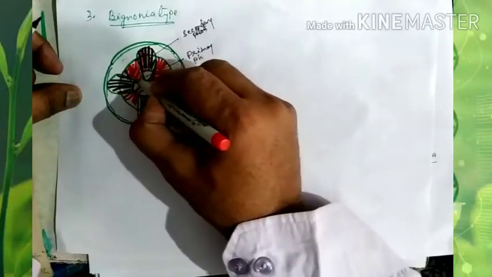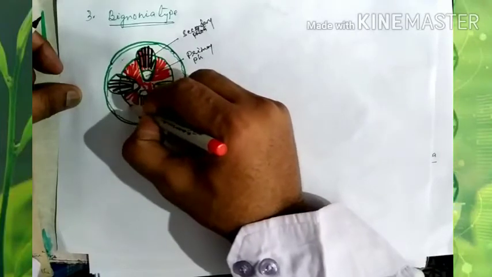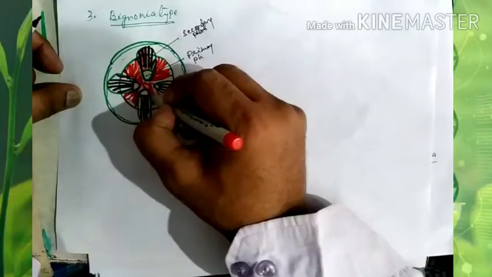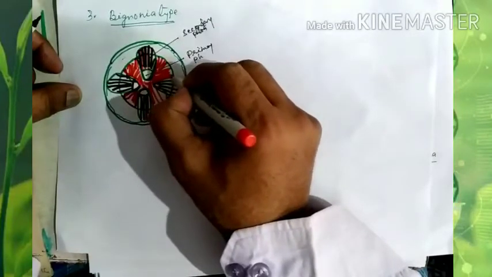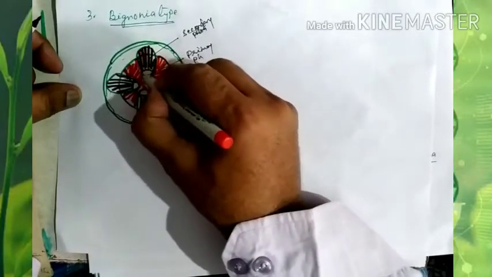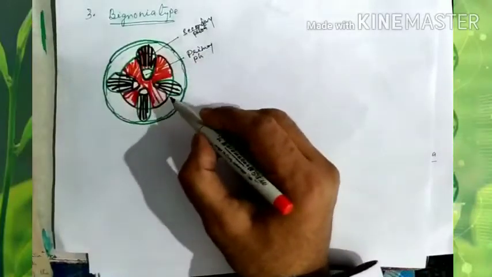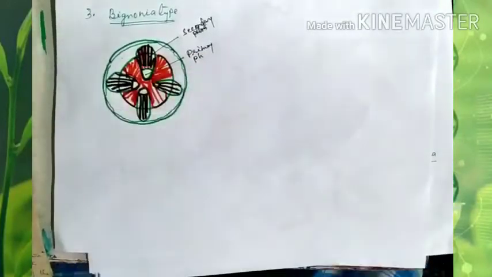This cross is the secondary xylem, like a wheel, and this is the secondary phloem.